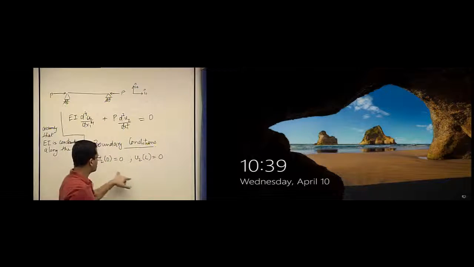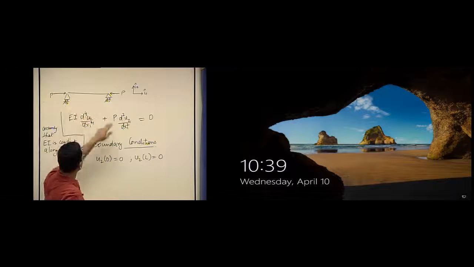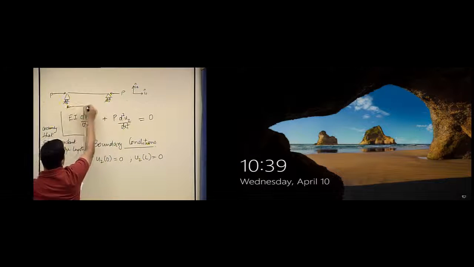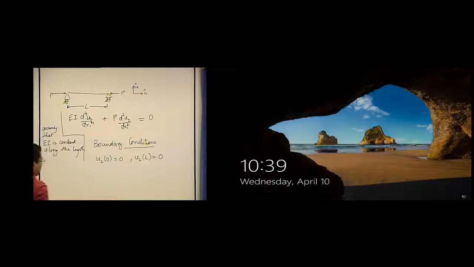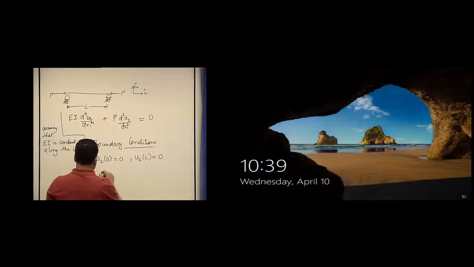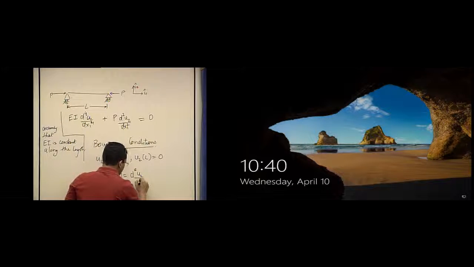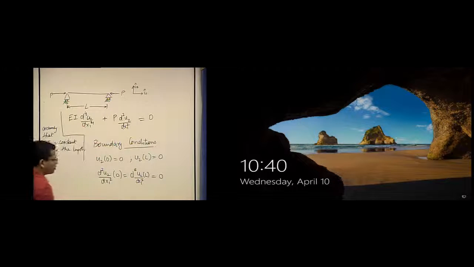These are the two boundary conditions at the ends, if the beam is of length L. Okay, and now we have the moment boundary conditions at both ends, right?